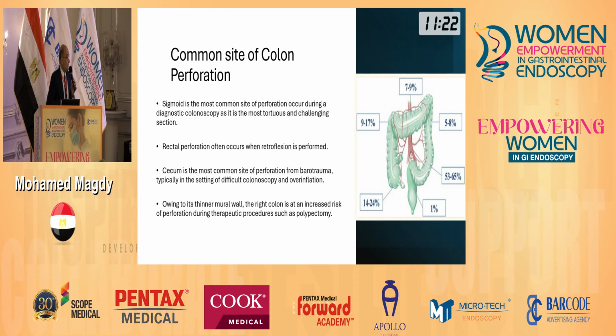Other areas have a thin wall, like the right side of the colon and the cecum, so any intervention like polypectomy has a higher risk on the right side than the left. Also in the cecum, due to the thin wall, there is a high risk of perforation if the procedure is difficult and we use a lot of air insufflation.